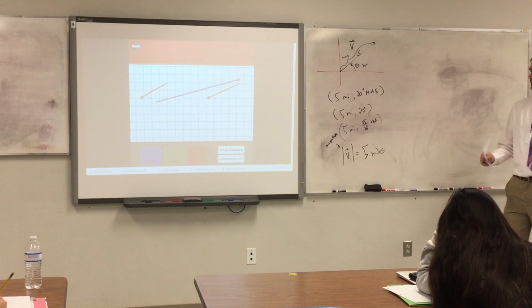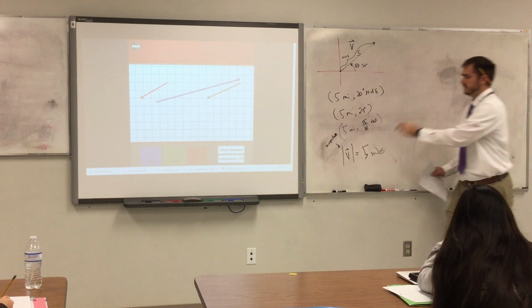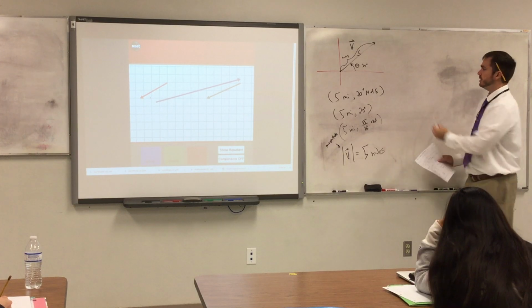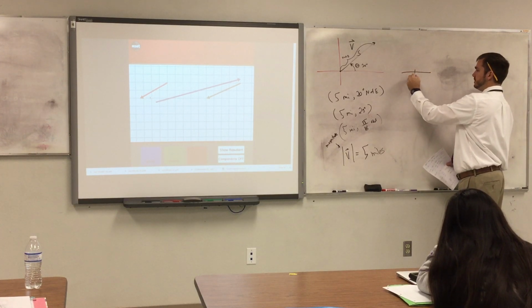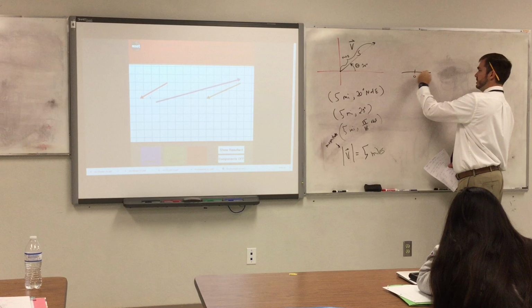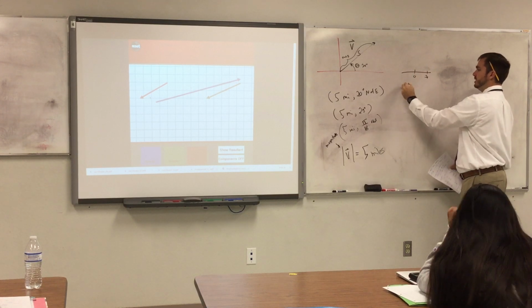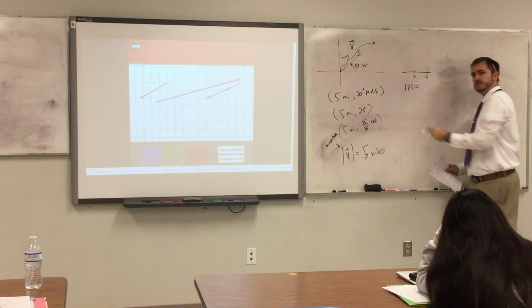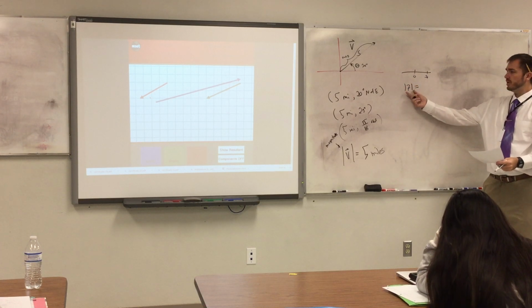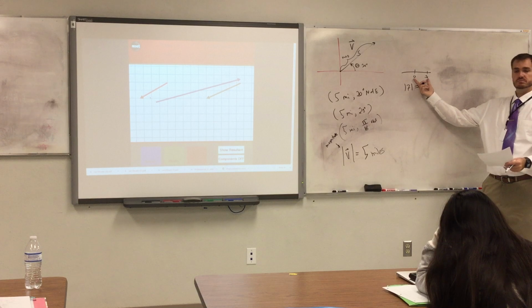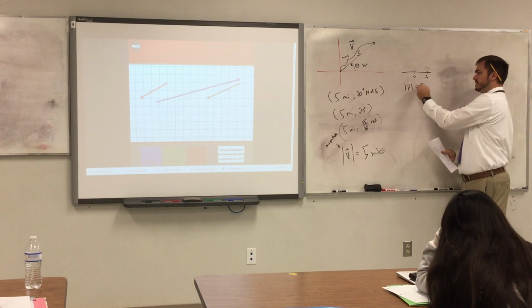For those of you that are kind of interested, you might say, why would I always call them absolute value bars? Well, because when you're dealing with numbers, if x is 7, the magnitude of 7 is, how far are you away from 0? And the answer is, I'm 7 units.